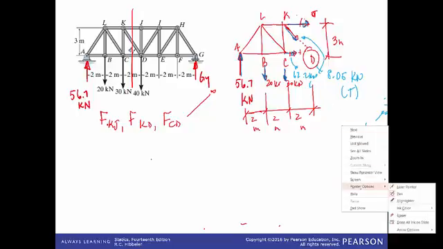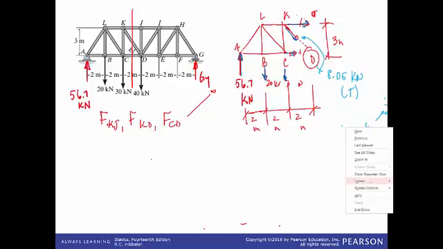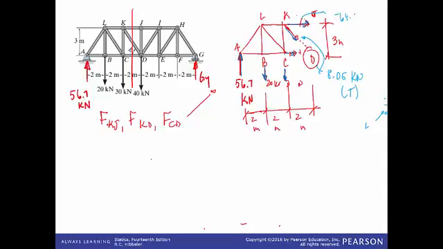I'm looking at the wrong one. The one that I want to determine is F_CD. So I still don't have this one. But I have KJ, this force here is the one that's negative 66.7 kilonewtons.